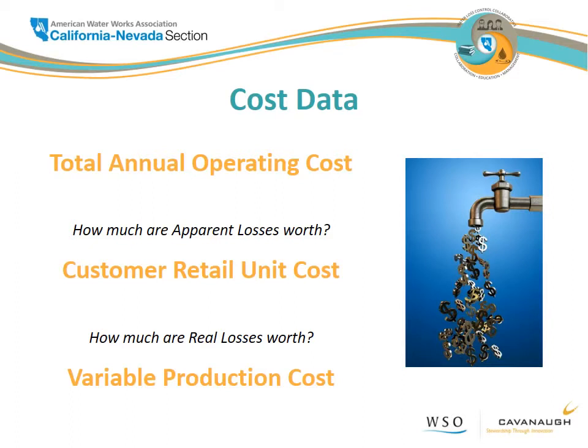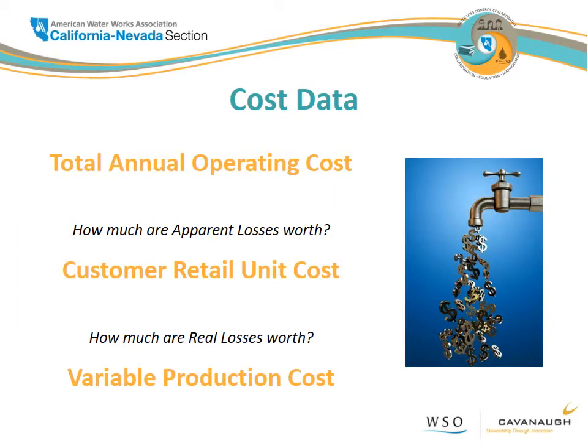The next two are a couple of unit cost inputs, and the first one is called customer retail unit cost, and this is essentially the unit cost by which the apparent losses are valued. And remember, the majority of those apparent losses typically involve customer meters that are under-registering for any reason.